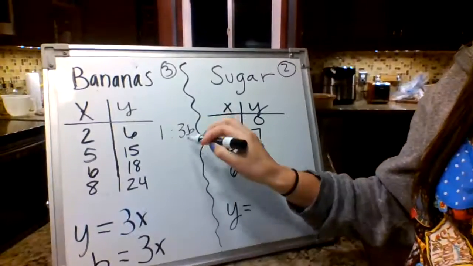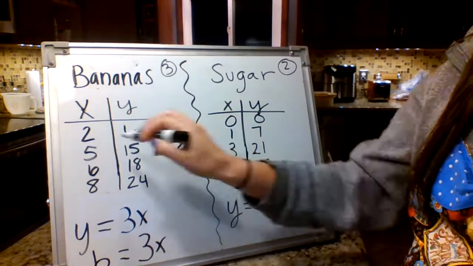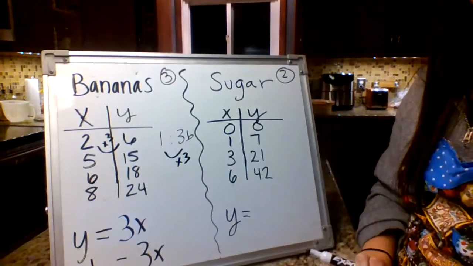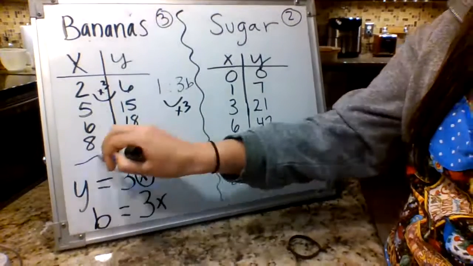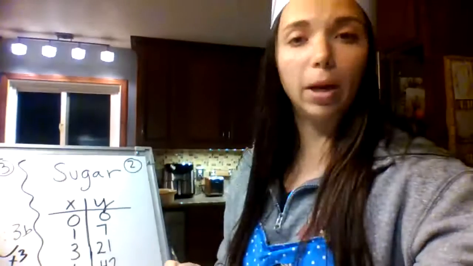So based on that, we can check that rule. 1 to 3, the relationship is times 3. And that works for all of these other variables in the table. And we could plug any value in for X, so any batch number, and figure out how many bananas I would need. So say I want to make 22 loaves of banana bread.